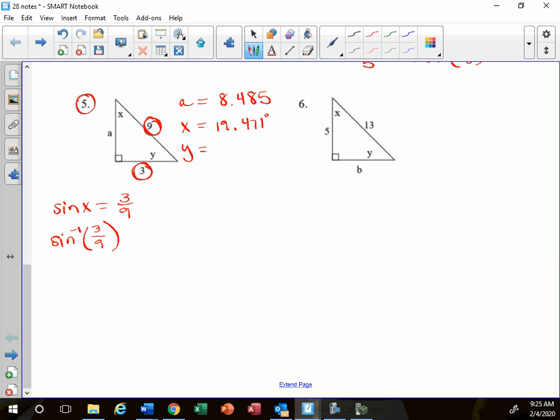Cosine. All right, how do we do there? Okay, we good? Questions on just any of the missing parts of the triangle?